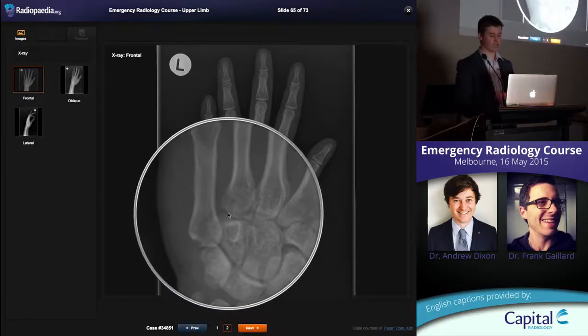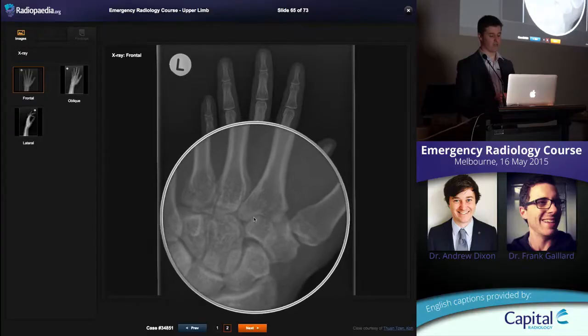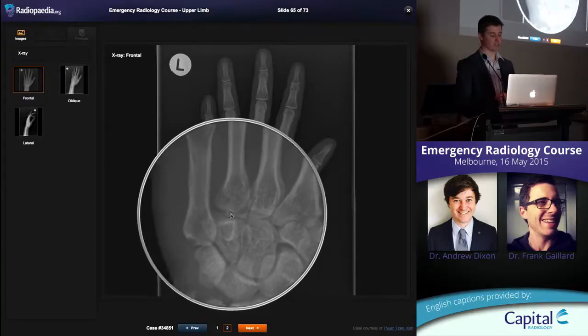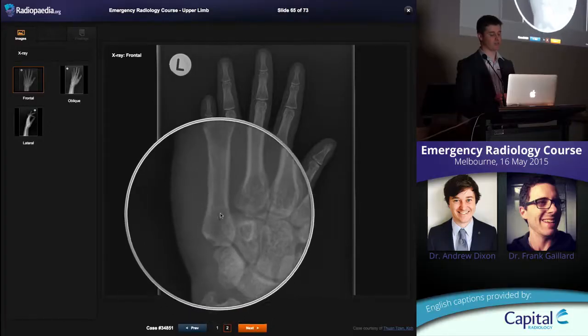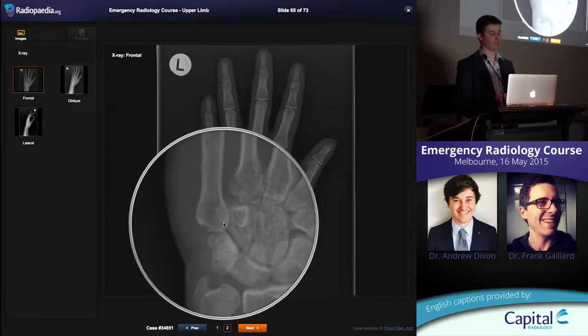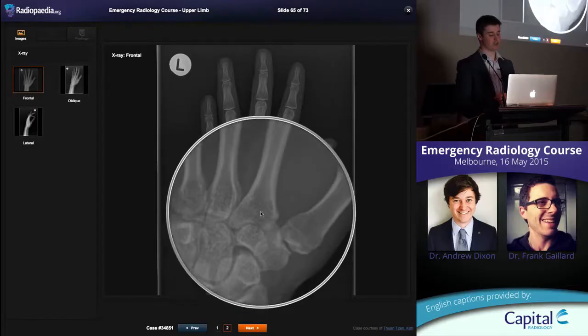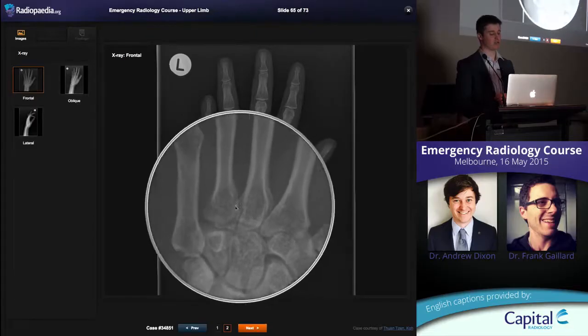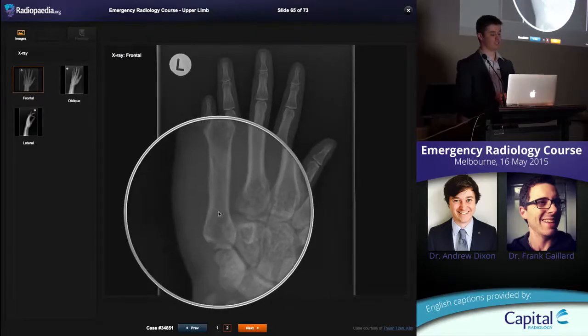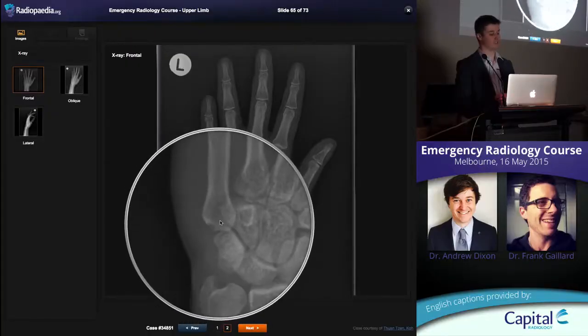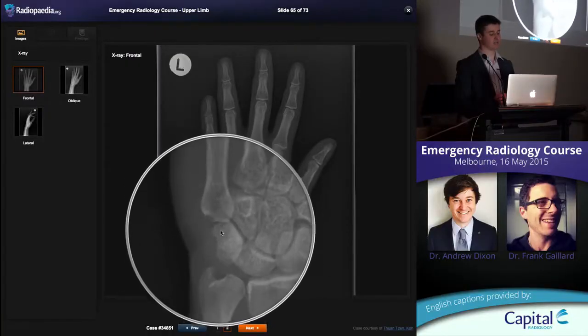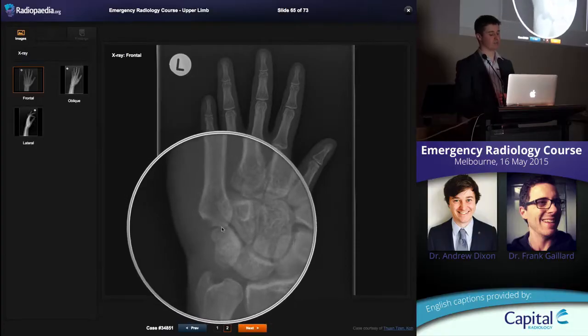But remember when I spoke earlier about that line of the carpo-metacarpal joint? There should be a line coming across here, and you shouldn't see too much overlap between the base of the metacarpal and the other carpal bones. That's correct for the 2nd, 3rd and 4th metacarpals in this patient, but you see this 5th one seems to be sitting way proximally relative to the other ones, and it's overlapping with the hamate.